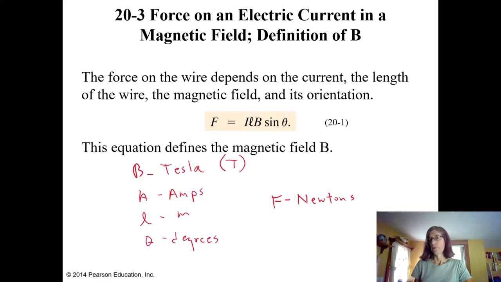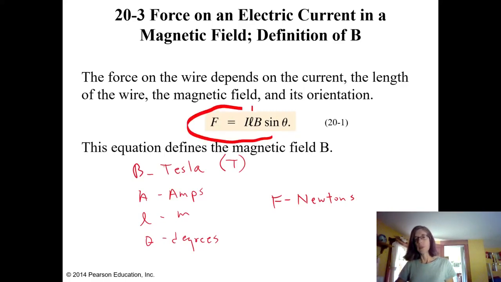So now, quantitatively, the force on that wire depends on the magnetic field. Without going into the derivation of this, which is quite lengthy, we can come up with an equation that relates the force to the current in amps, the length of the wire, and the magnetic field B, whose units are Teslas, and I'll show you this on the next slide.